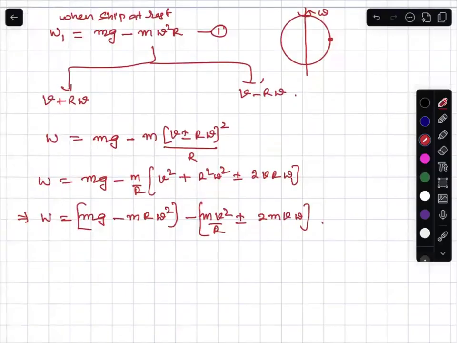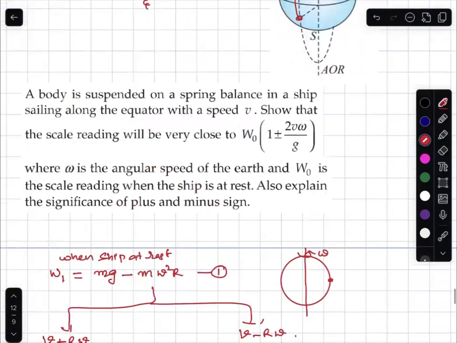Yes or no? Now, this you already know, W1 minus m v square by r plus or minus 2 m v omega. Right. What do you want?